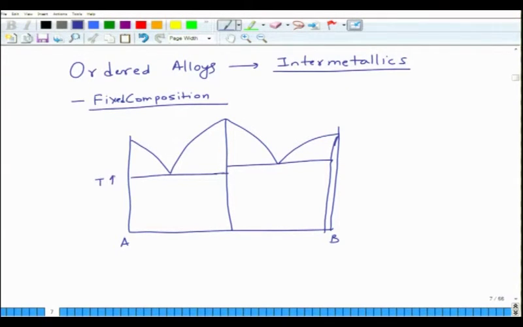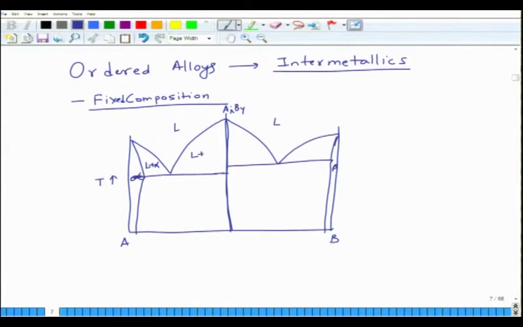This is temperature. On this side you have alpha phase, this is beta phase, this is liquid, this is liquid. The temperatures may vary. So this is liquid plus alpha. This is a compound which is, let us say, AB compound or AXBY compound, which is an intermetallic compound.